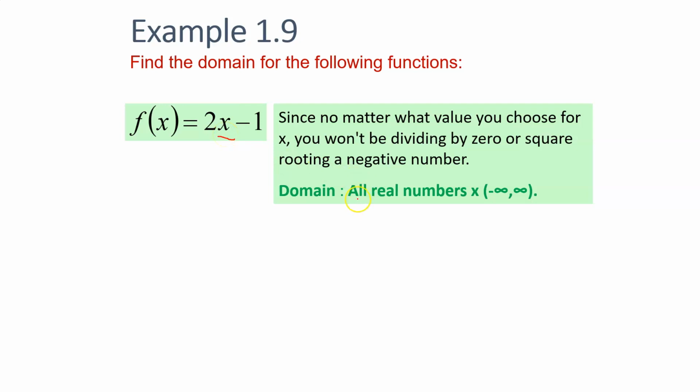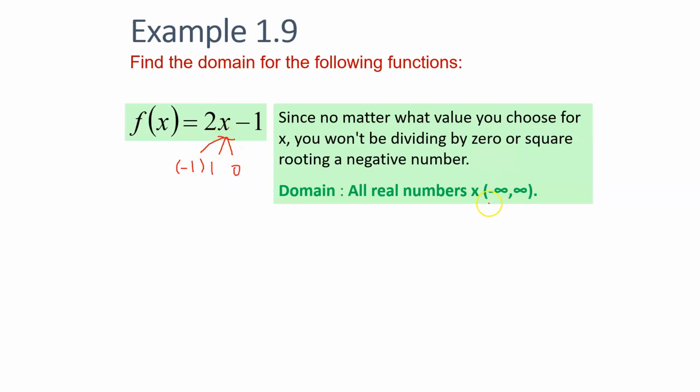Okay, so the domain will be all real numbers x from negative infinity until infinity, which means that you boleh ganti masuk dia dengan negative 1, you boleh ganti masuk dia dengan 1, you boleh ganti masuk dia dengan 0, any number.